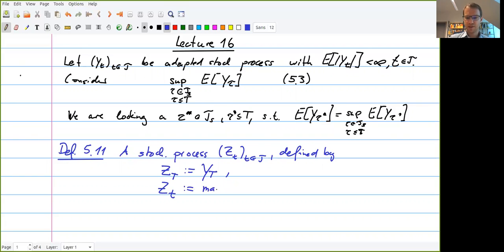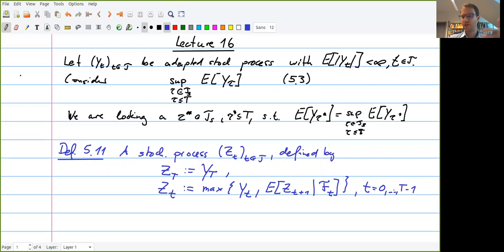Now I can iteratively define what Z_t is, for small t. This is defined as the maximum of the process Y_t and the conditional expectation of Z_{t+1}, projected to the filtration at time t, for t being 1 up to time T minus 1.